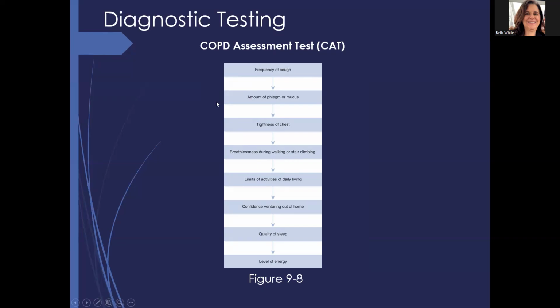So in frequency of cough, 0 means I never cough, 5, I cough all the time. Amount of phlegm or mucus produced, 0, no mucus at all, 5, tons and tons of mucus. Tightness of chest, breathlessness during walking or climbing up a flight of stairs, limits on their activities of daily living, like can they do basic cleaning?